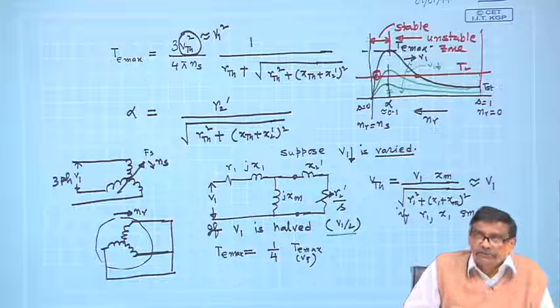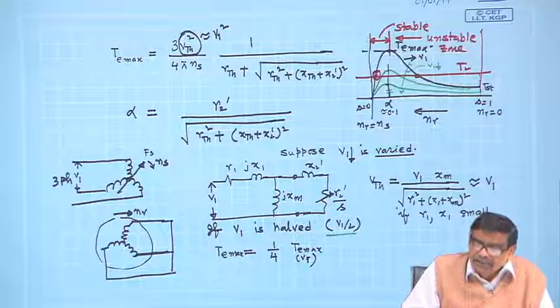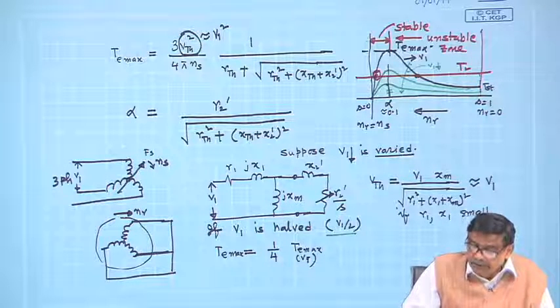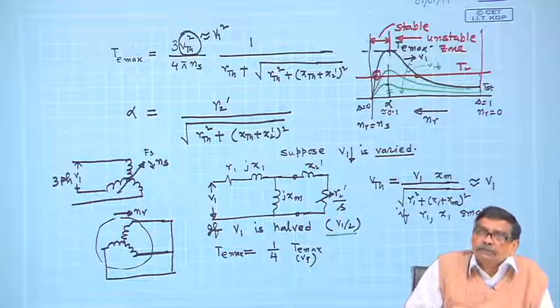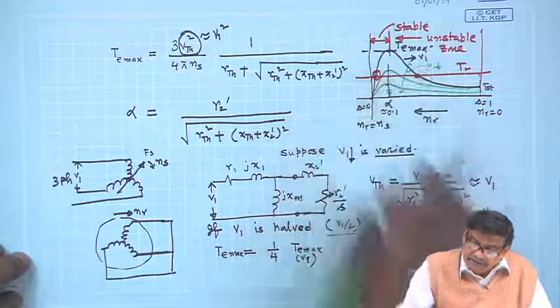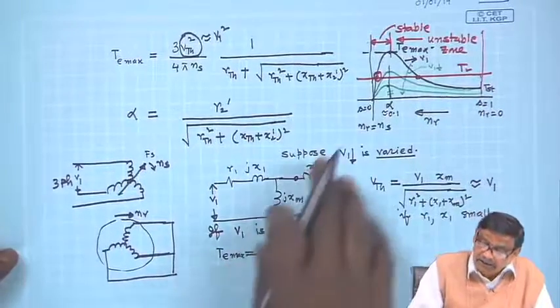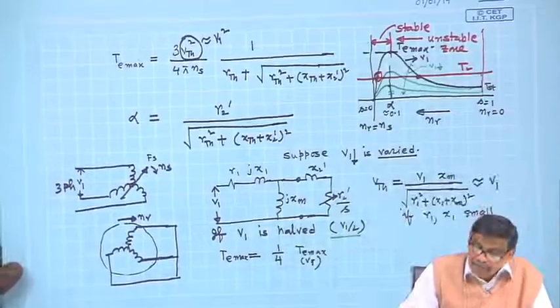Keeping frequency constant, the supply frequency I am not going to change, and I have assumed you do not have any provision to vary the frequency. Therefore, this is the effect of variation of supply voltage on torque slip characteristics.